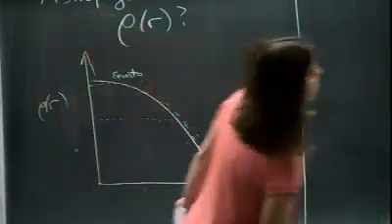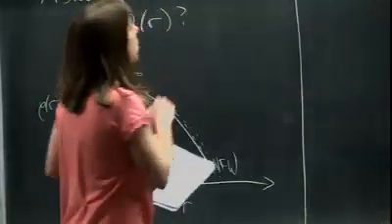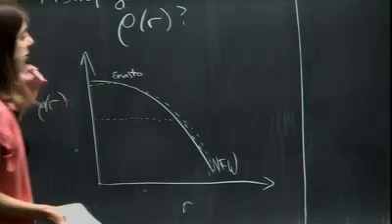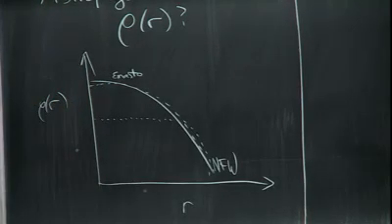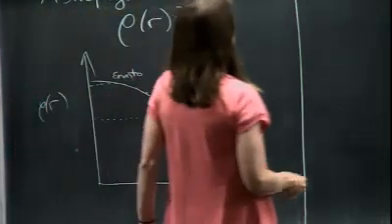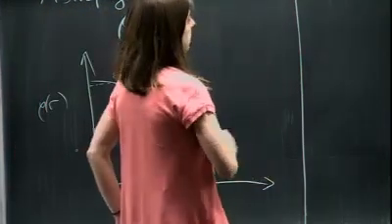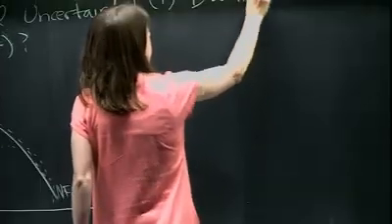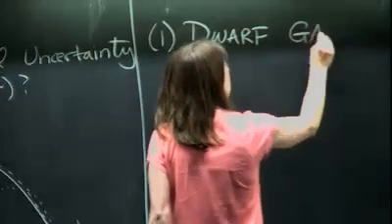Let's see, how am I doing on time? Oh, great. The last part I wanted to talk about with indirect detection is where our status is now with experimental searches. The strongest limits right now come from observations of dwarf galaxies.